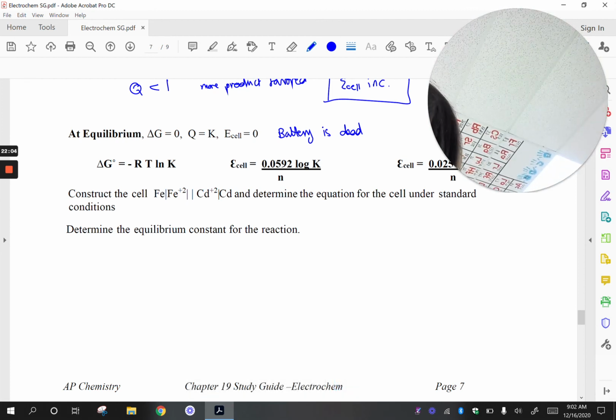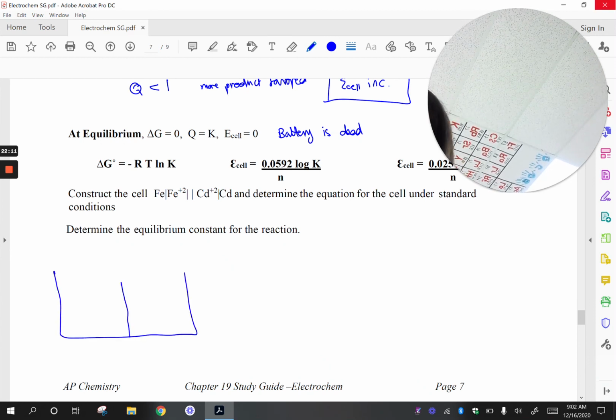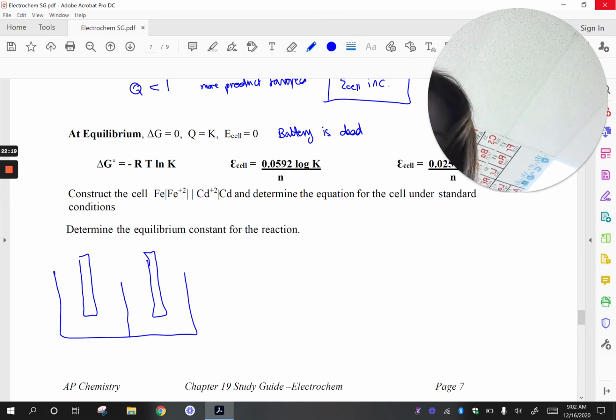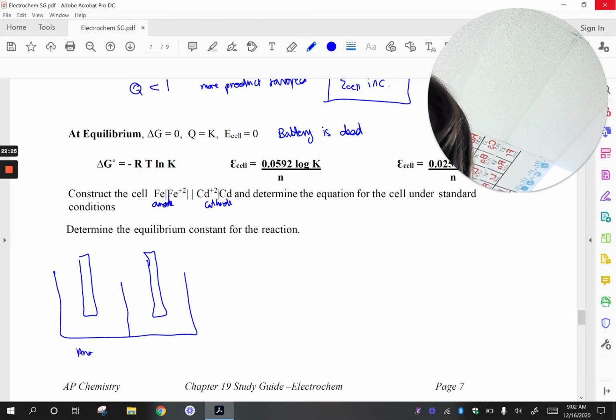We have our anode and cathode. I'm going to do a semi-permeable membrane here instead of the two beakers. So this is the anode, cathode. Same thing here, anode, cathode. This is my iron metal, this is my cadmium metal.